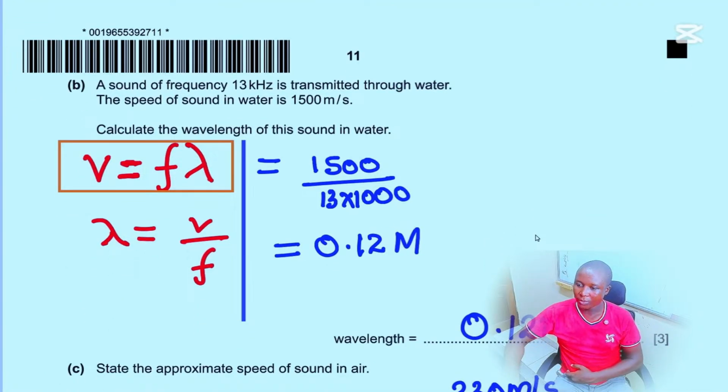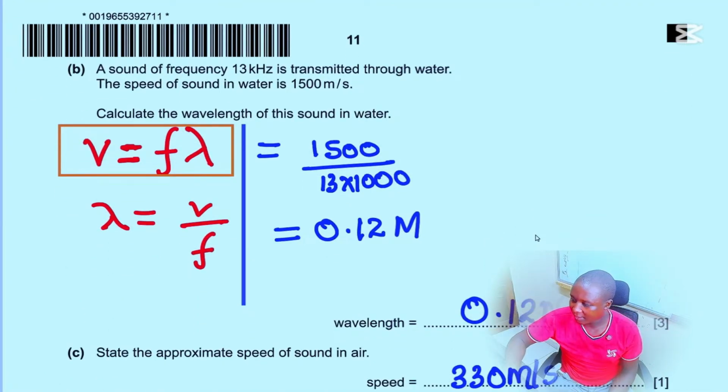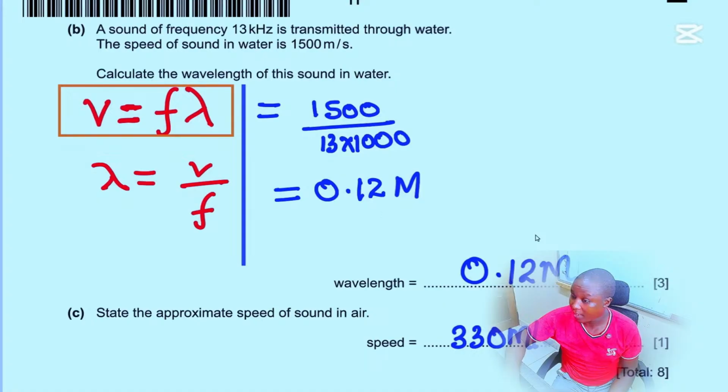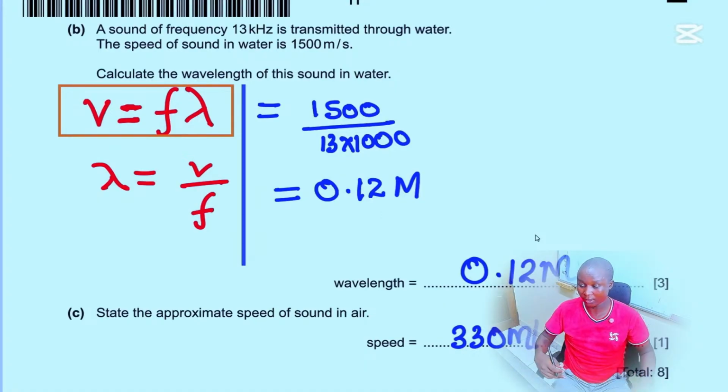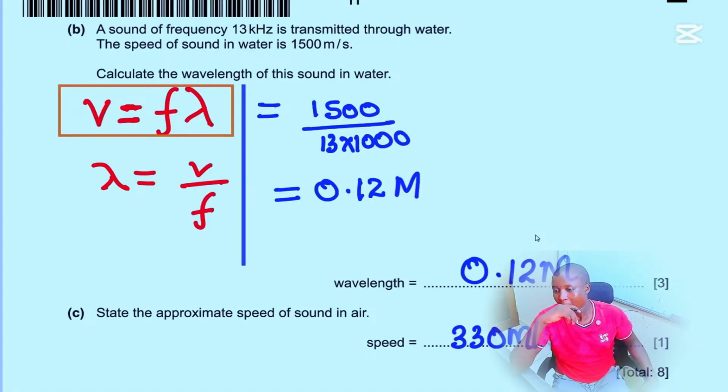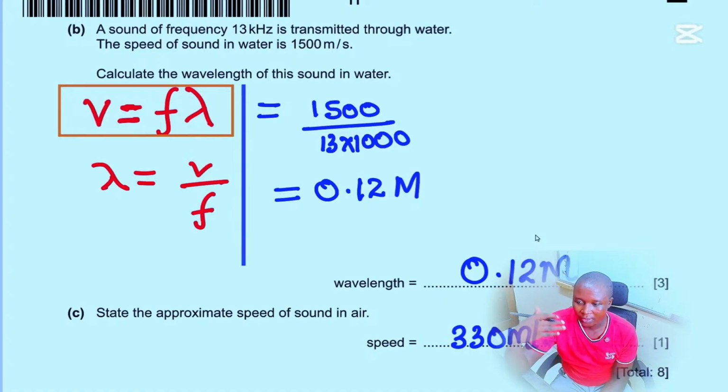Still, we have a question that is surfacing here for waves. I don't know how this got here, but it's fine. Remember the wave equation is V equals frequency times wavelength. If you're working out the wavelength, you have to say V over frequency.